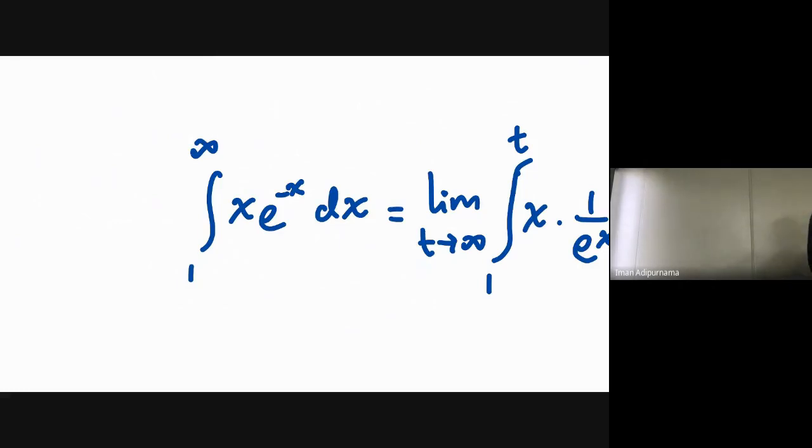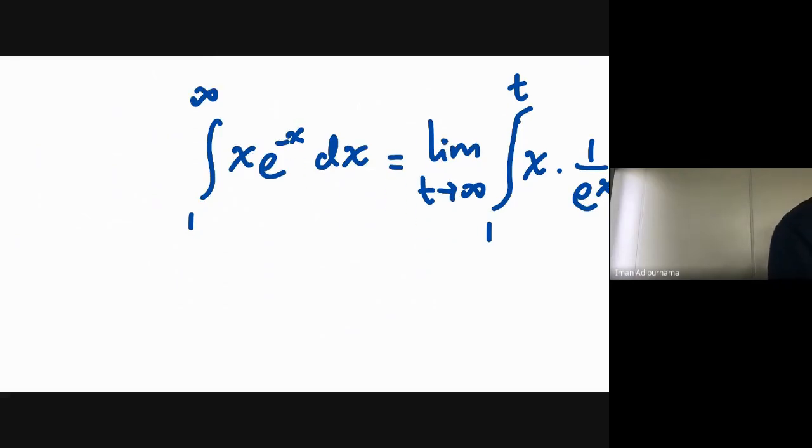You can use by default integration by parts, u dv, uv minus v du, blah blah blah, right? You just need to find out which one is u, which one is dv. But my preferable solution is to separate the x and e to the minus x.